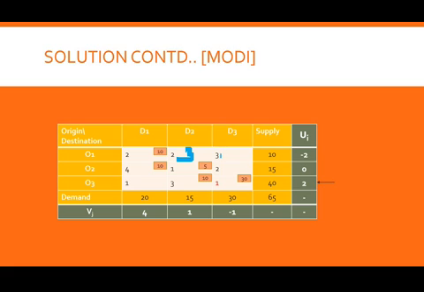Then here, 3 minus of minus 2. 3 plus 2 is 5. 5 minus of minus 1, I get a 6 here. Then I will get an Eij value here. 2 minus 0 is 2. Minus of minus 1, it becomes 3.